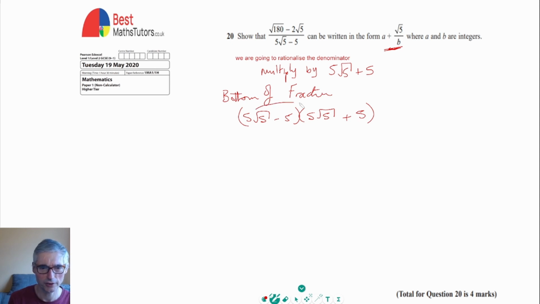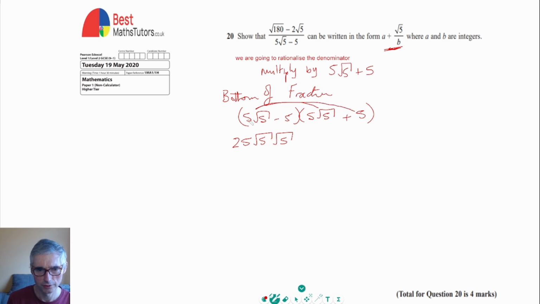First, 5 root 5 times 5 root 5. The 5s, not under the root, make 25. And then root 5 times root 5. I'm just going to write it like this for the moment. When you get more used to doing these, you'll jump past these steps.